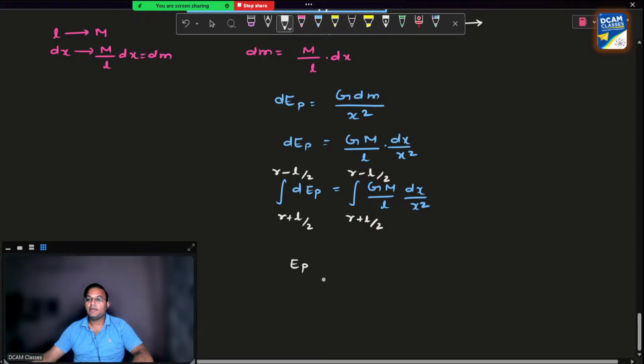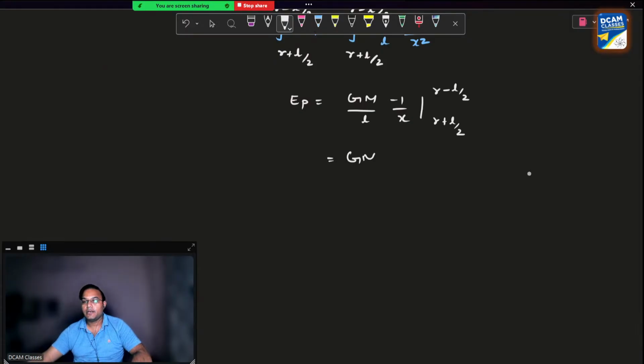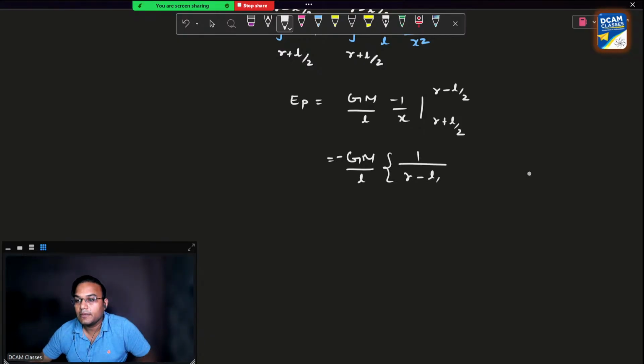So the total field at P will be G M by L into minus 1 by x, from R plus L by 2 to R minus L by 2. So the value will be G M by L into 1 by R minus L by 2 minus 1 by R plus L by 2.